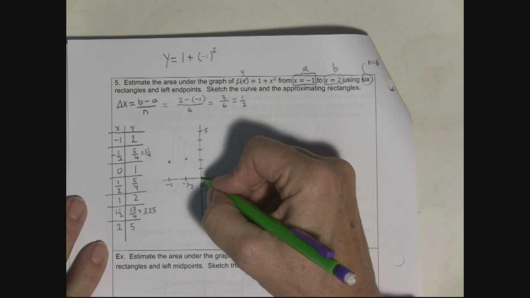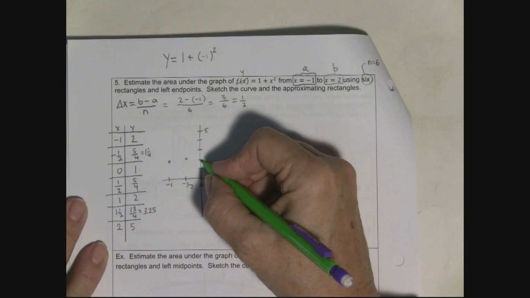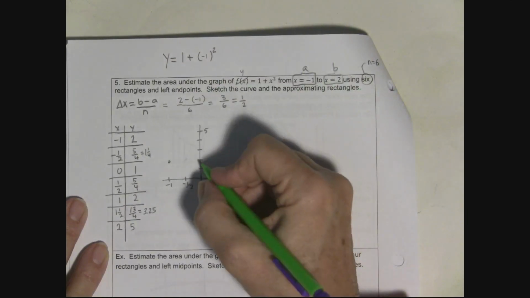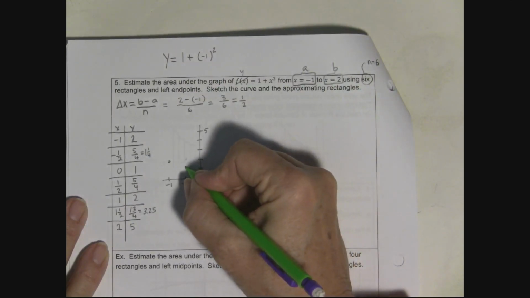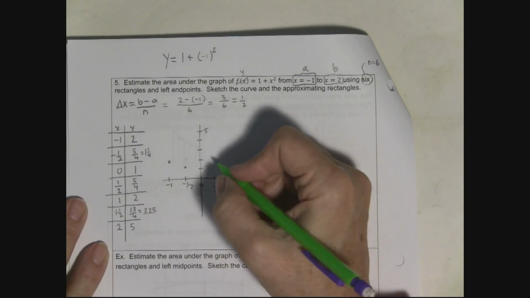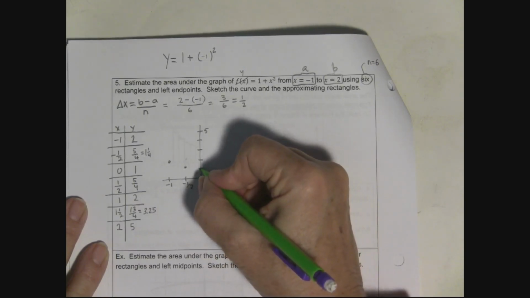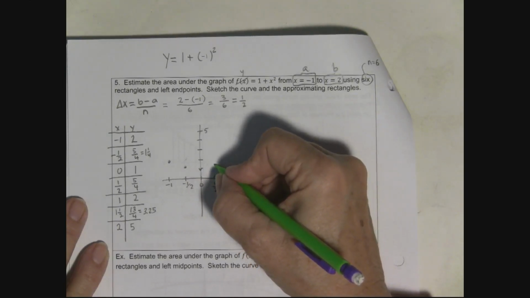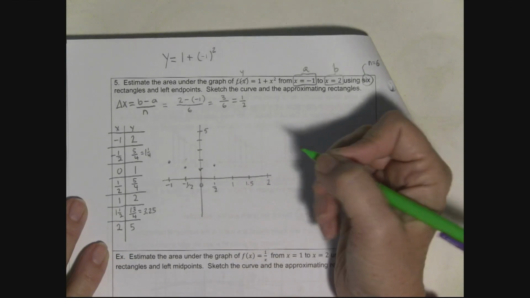And then at 0, I was at a height of 1. At 1/2, I was at a height of 5/4, which is 1 1/4 again.